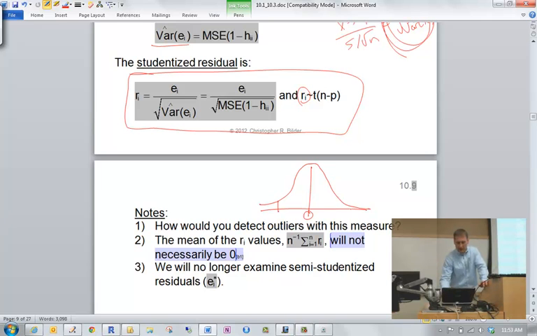Let's say here, a quantile from a t-distribution here, quantile from a t-distribution there. So, how could you detect outliers? That's the critical value of the t-distribution. Well, yeah, these are basically critical values from a t-distribution.